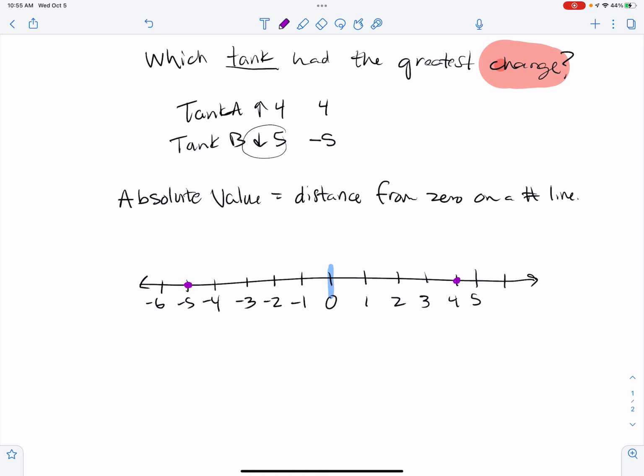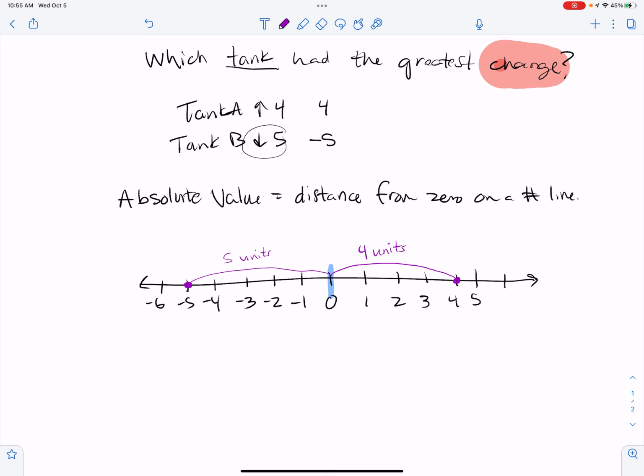And so we know from looking at this that we have 4 units to the right of 0 is where we'd find 4. And then 5 units to the left is where we would find negative 5.